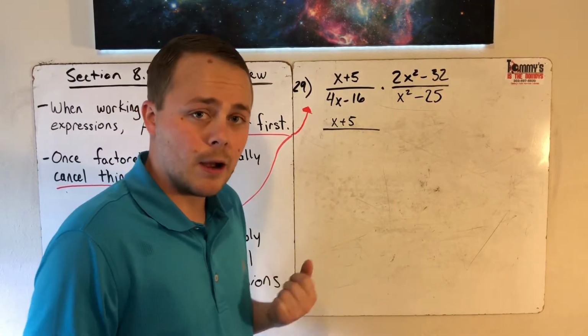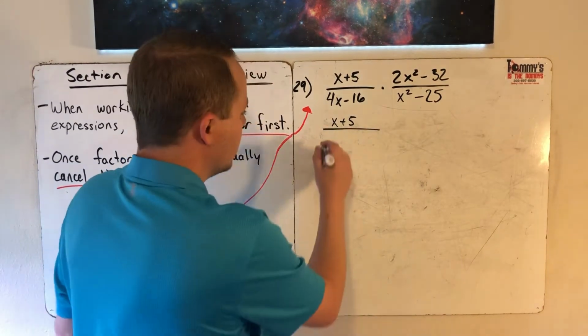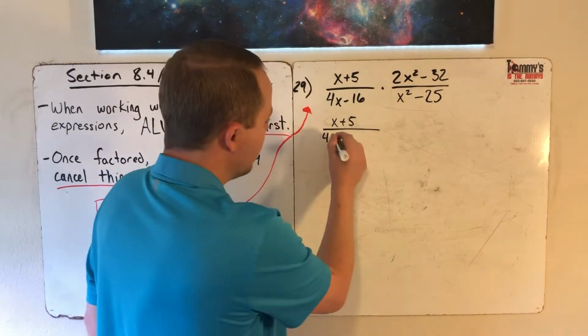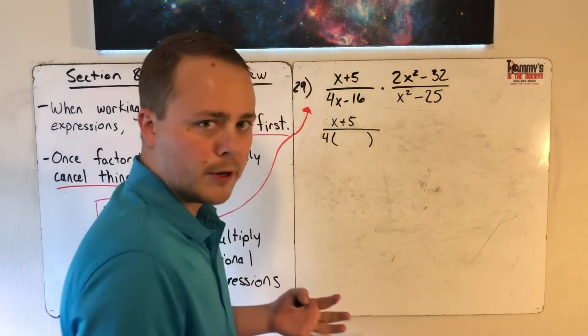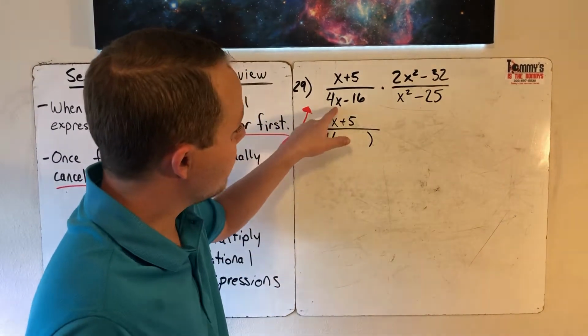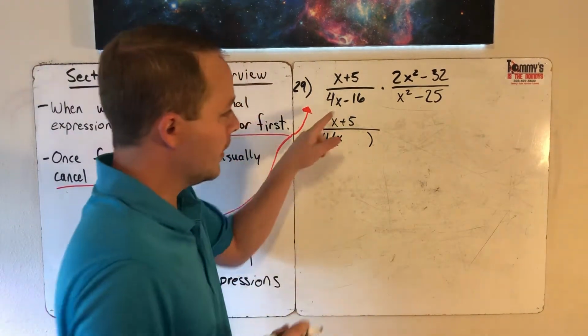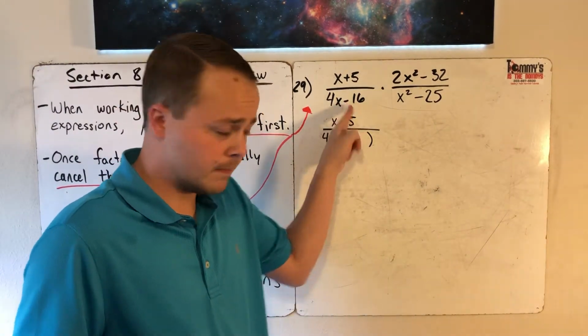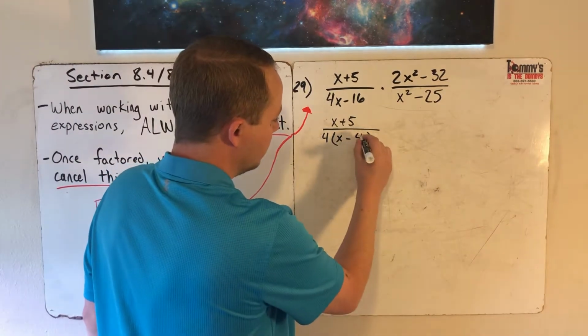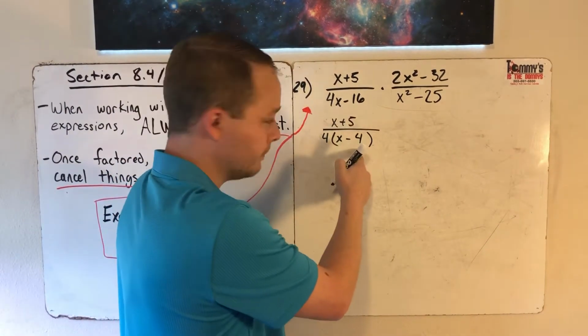So you can factor out a 4. So put a 4 in front. You have some parentheses, and we're going to write what we're left with. If you divide a 4 out of this, you're left with just x. If you divide a 4 out of the negative 16, you have a negative 4. 16 divided by 4 is 4.